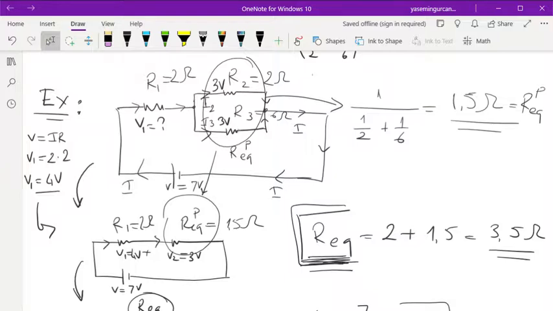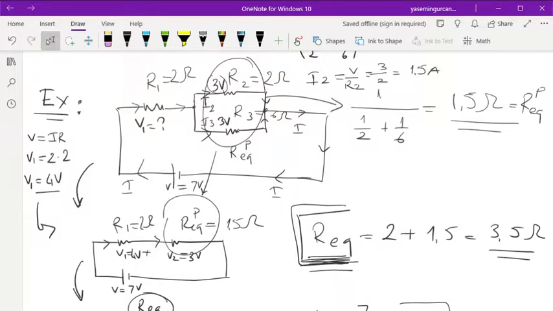So if you want to find I2, which is the current on R2, that is going to be V divided by R2, right? Because I'm trying to find a current on R2. And what is the voltage on R2? It's 3 volt. I just told you that it's 3 volt. It is 3 divided by, what is the value of R2? It's 2. Therefore, it's going to be 1.5 ampere.